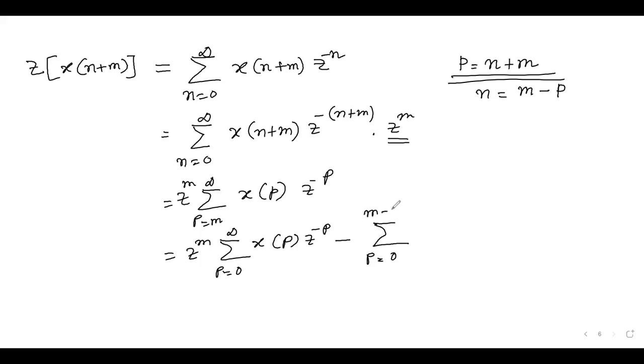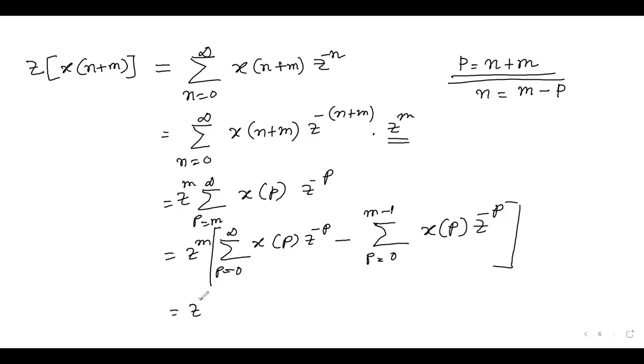So it will come here, p equal to 0 to m minus 1, x of p z to the power minus p. Okay, is it clear? Look at what I have done, just look carefully, please check whether it is correct or not.